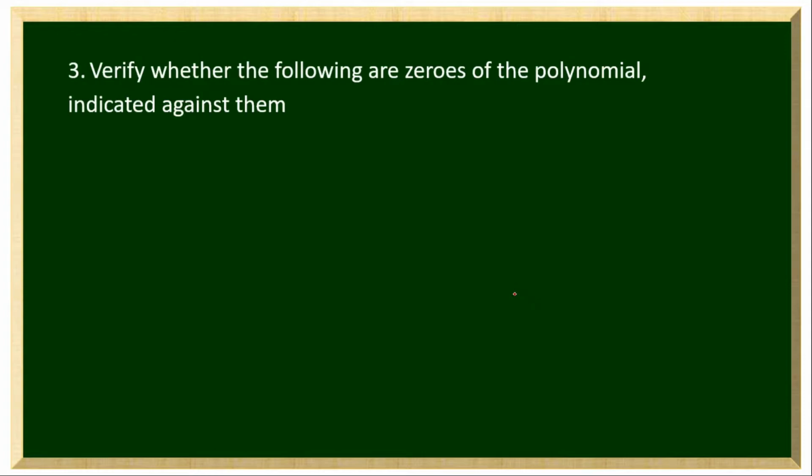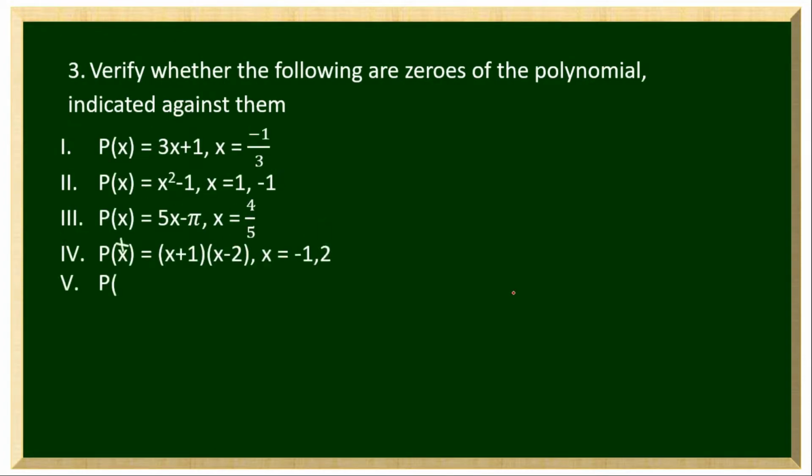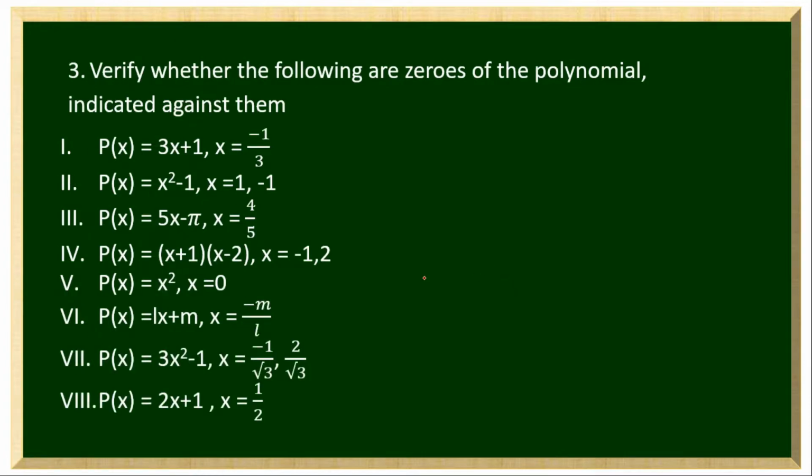Example on zero of the polynomial. Verify whether the following are zeros of the polynomial indicated against them or not. First one, p of x equal to 3x plus 1, where x equal to minus 1 by 3. We have to check whether the value is becoming 0 or not. Now we have to substitute minus 1 by 3 in the place of x.